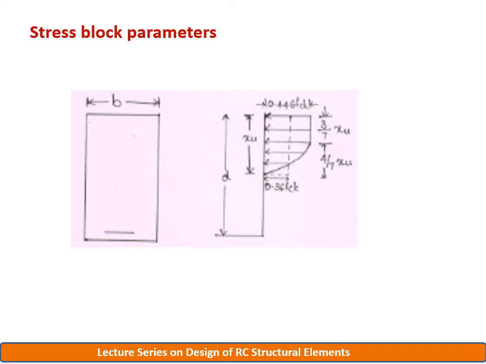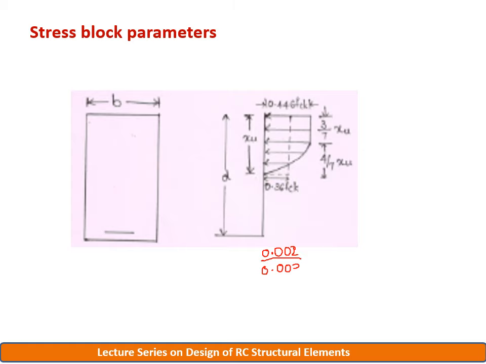And how do we arrive at this 4/7 of XU and 3/7 of XU? We have already discussed this while discussing the stress strain diagram for concrete. Up to a value of strain equal to 0.002, we have the parabolic variation in the stress strain diagram, and we also know that the maximum strain in concrete is 0.0035.